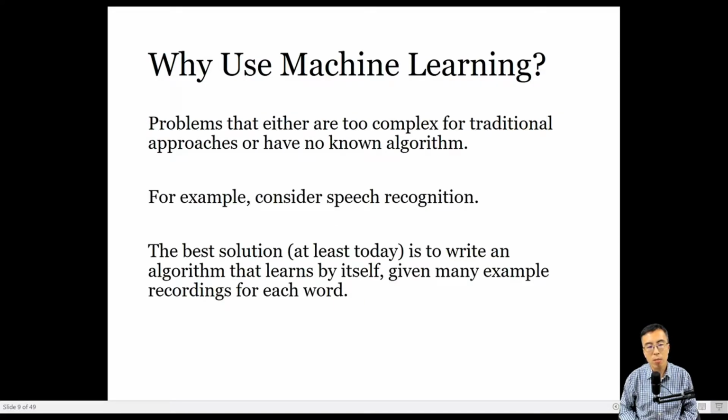A lot of times, the problems are either too complex for traditional rule-based approaches, or they have no known algorithm. For example, consider speech recognition, because each of us speaks differently. We have different accents, we use different words, we use different sentences or styles or patterns.